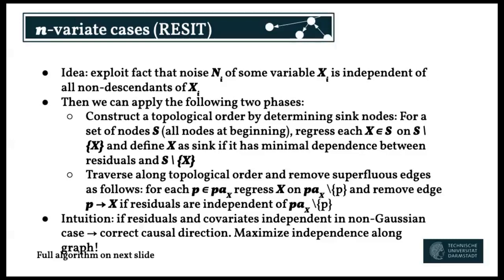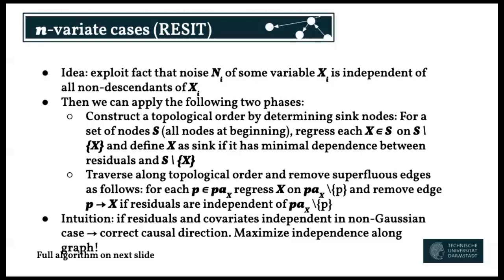And then you can go ahead and follow a two-phase algorithm to identify the causal graph. So first of all, you construct a topological order of the sink nodes. So you start with a set of nodes which is all nodes in the beginning, and then you select some node, exclude it, and regress all remaining variables except the one you've just chosen on the X you've chosen.